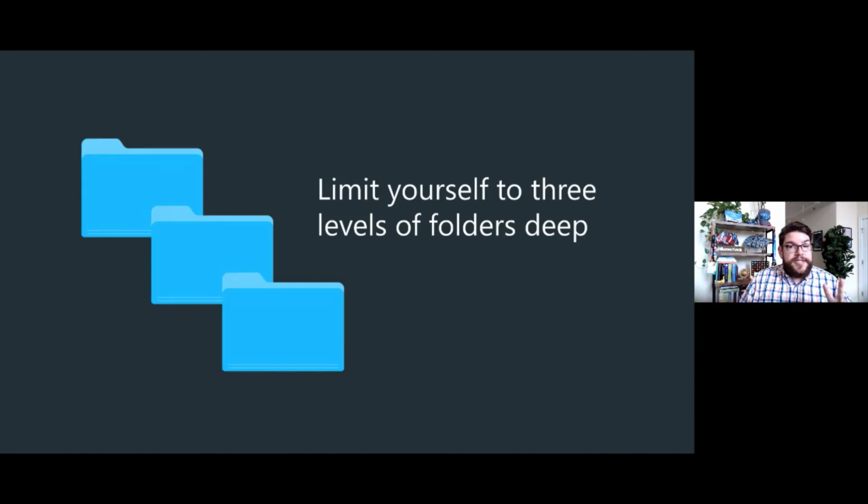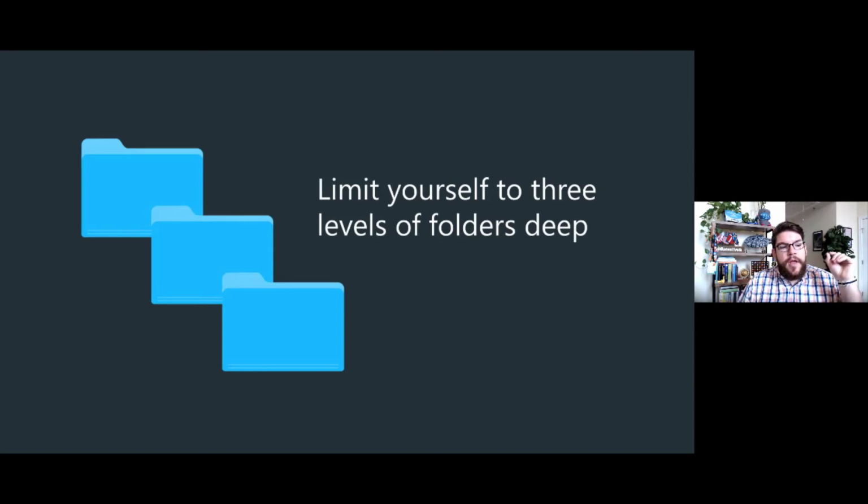And there's actually 2 reasons for that. One is the sanity aspect that I just referenced, but 2, there's a limit to the number of characters that you can have in a URL, and eventually you're going to hit it. And once you hit it, when you try to share the file, the link is going to break. The file itself is not going to break. It's going to be fine as long as you browse to it and click, click, click, click, click through the folders to get there.